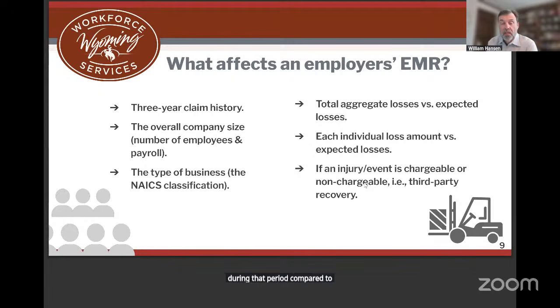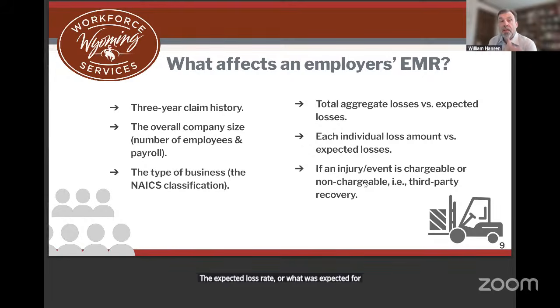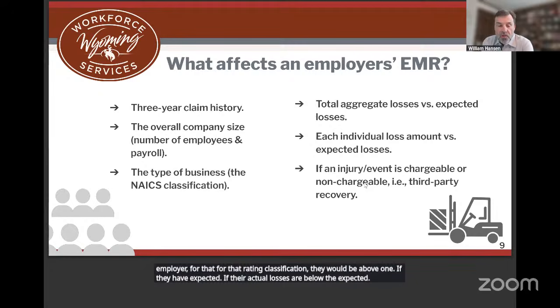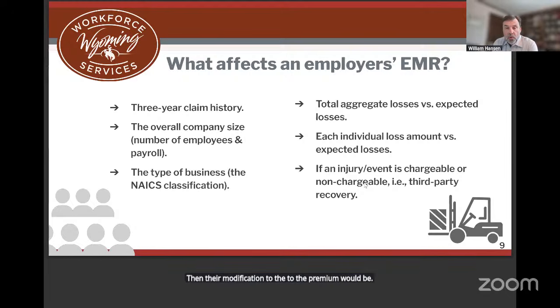If the actual losses are above the expected loss rate for that employer, for that rating classification, they would be above 1. If their actual losses are below the expected, then their modification to the premium would be below 1.